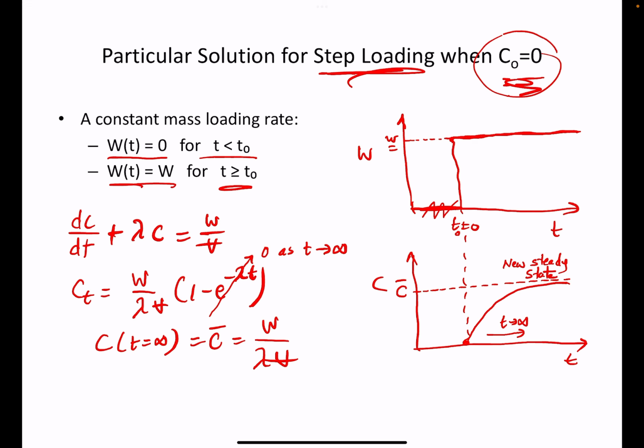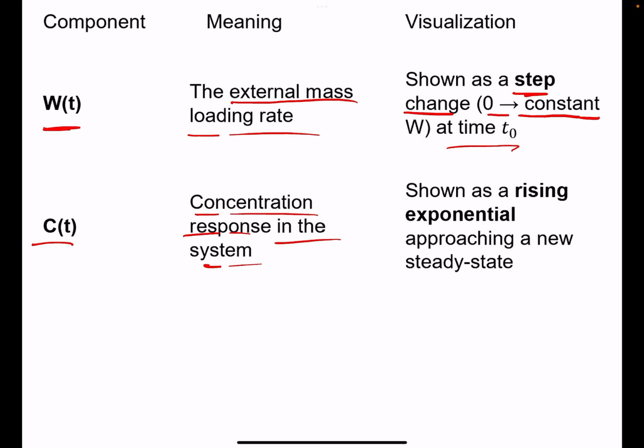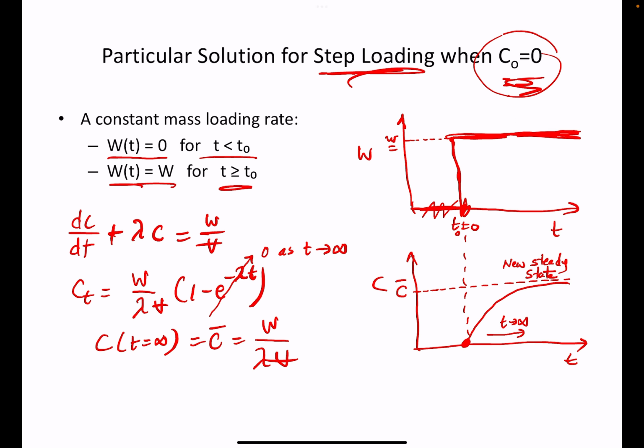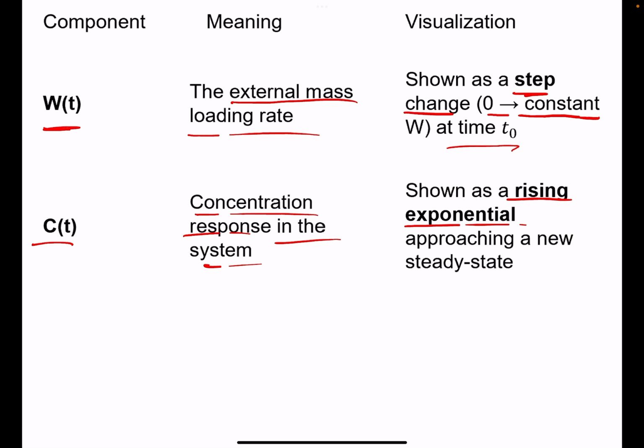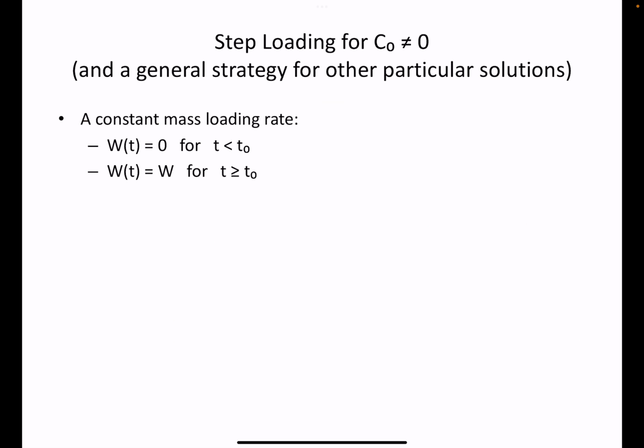You just saw it here. It is 0 initially, then goes up to a higher value, and then it will be constant throughout. C(t) is shown as a rising exponential approaching a new steady state. You can see it here. It is 0, and then it will rise all the way until it reaches C prime, the new steady state concentration.